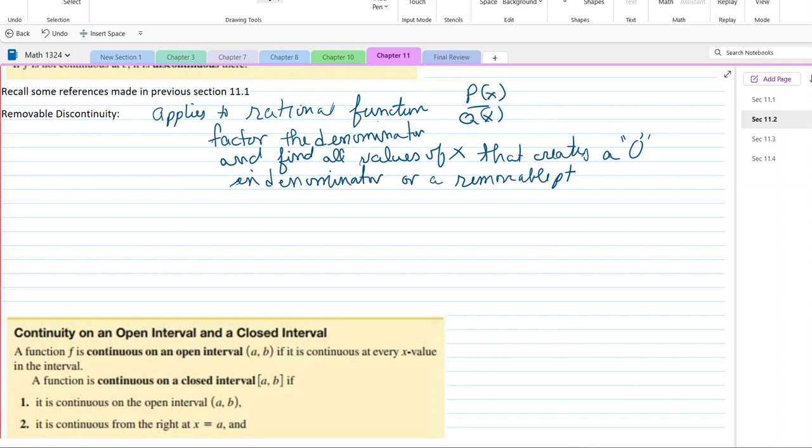Then we also have radicals. So in a radical, we have a restricted domain.